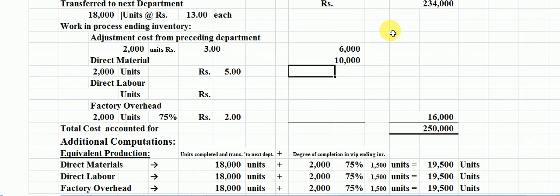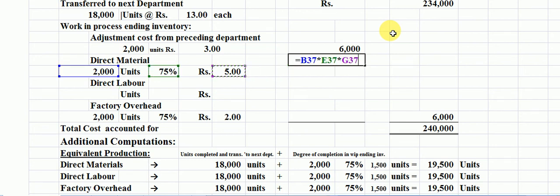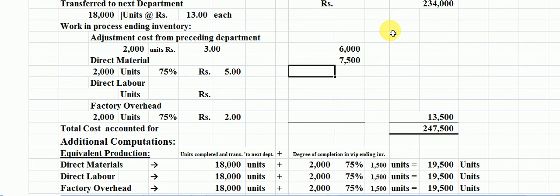The degree of completion is not given here. We have to put here 75% as the degree of completion. Now we multiply three figures here: 2,000 multiplied by 75% multiplied by 5. Dear student, this is 7,500 rupees as the direct material cost which is incurred on still in process units.